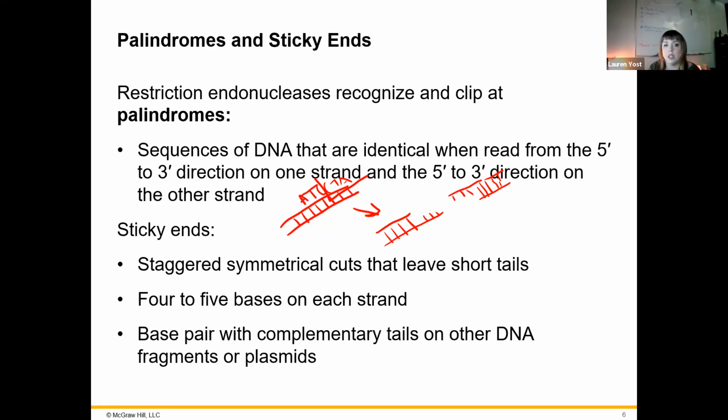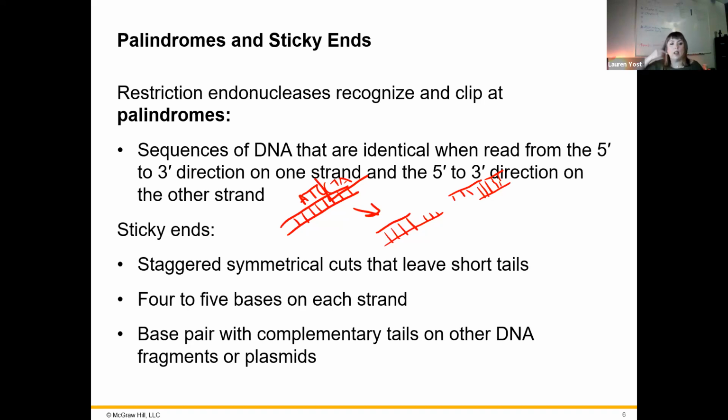We can use those sticky ends, whether it was for ATC or its complement on the other side, the TAG. Whatever it is, it will leave us with sticky ends that we can match up, whether we are genetically engineering something that can then insert into a plasmid, or if it's something that could naturally be cut and then insert on its own.